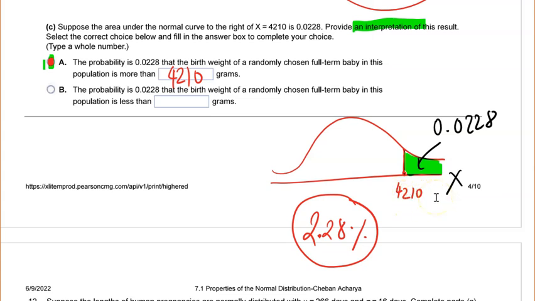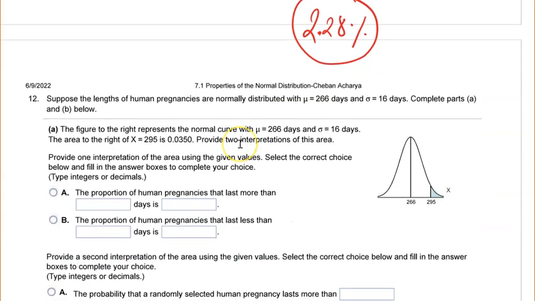Make sense? That's another way to interpret it in terms of percentage. In terms of probability, the probability that a randomly chosen full-term baby weighs more than 4,210 is 0.0228. There are two interpretations.